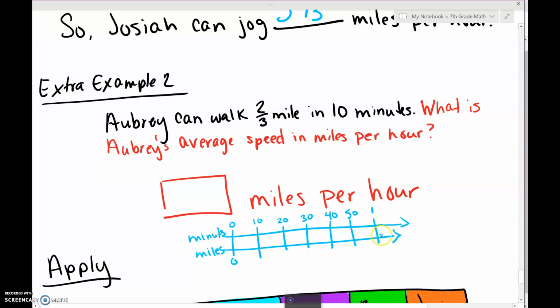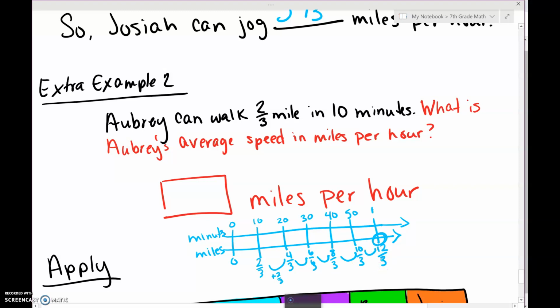So we need to figure out what this number here is going to be. This is 2/3. If I add 2/3, I get 4/3. If I add 2/3, I get 6/3. Then 8/3, then 10/3. And I add 2 more thirds and I get 12/3.